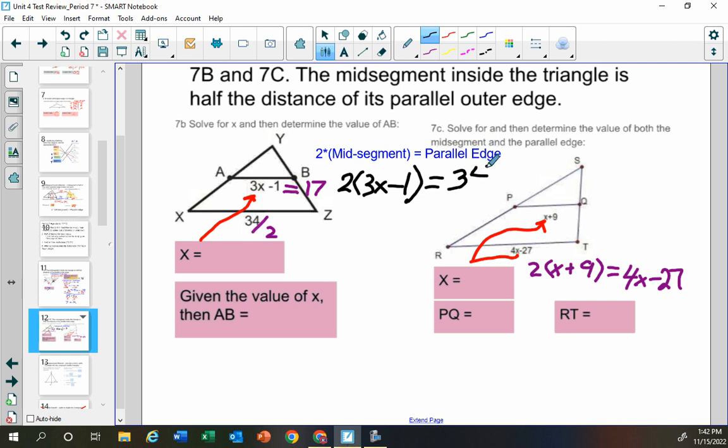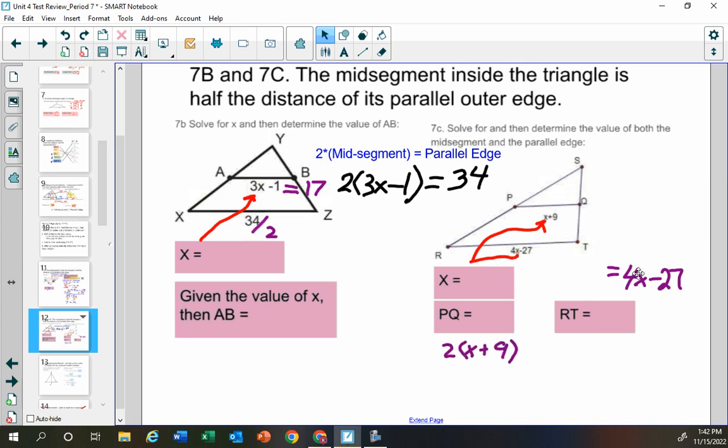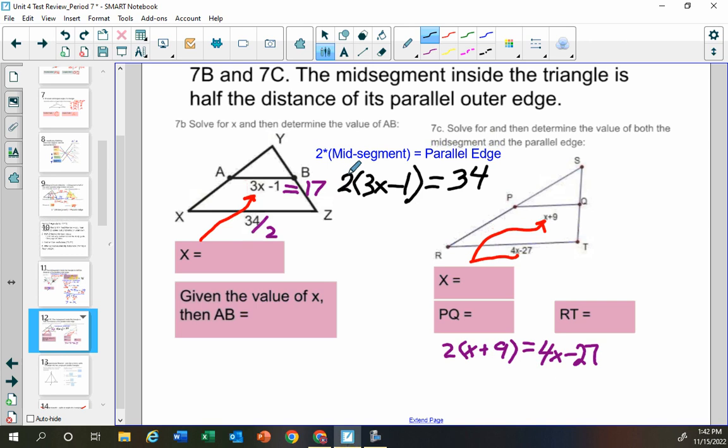That's for 7b. And then for 7c, well, we talked about the setup briefly yesterday. It's 2 times the x plus 9 equals 4x minus 27. Now, in both cases, what's our first step?